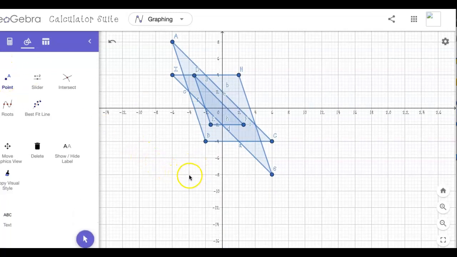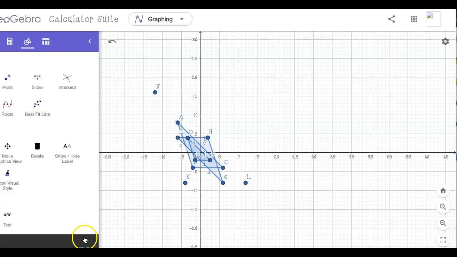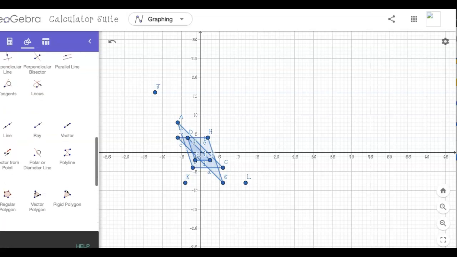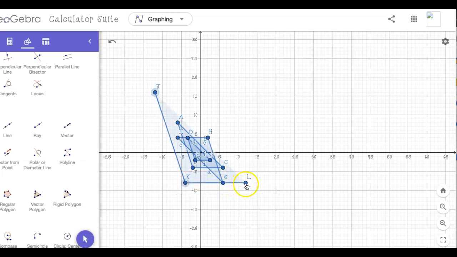And then C becomes 12, -8. So I'm going to make those a polygon. Oh, I didn't multiply by negative, I multiplied by positive. But essentially, this is what it would look like. If we multiplied it by a negative, it would be inverted like this one. But as you can see, it's twice as big as our original polygon.